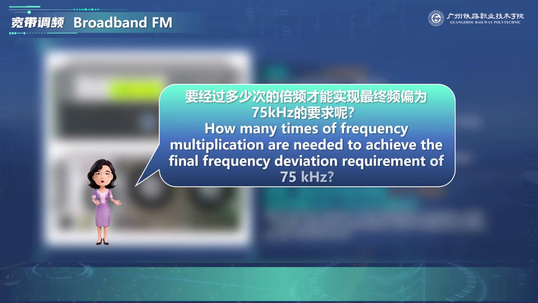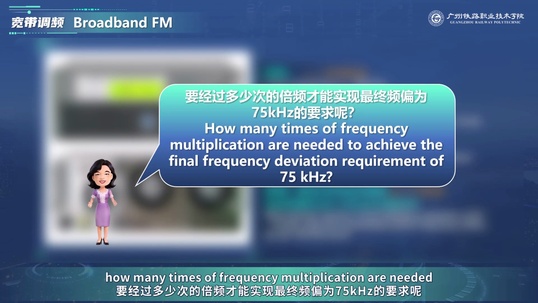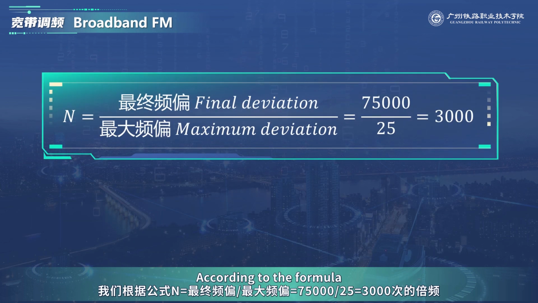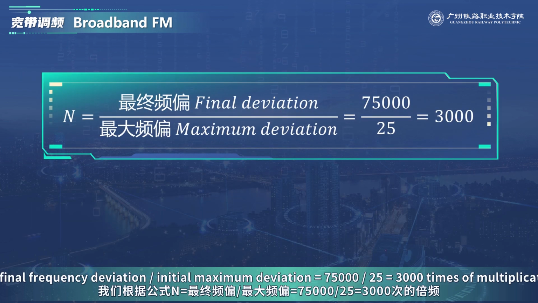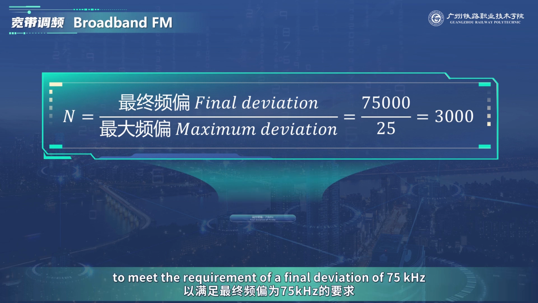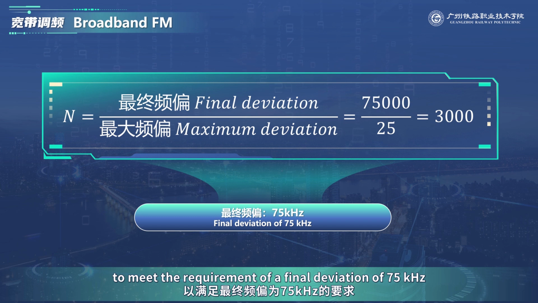In this example, how many times of frequency multiplication are needed to achieve the final frequency deviation requirement of 75 kHz? According to the formula, N equals final frequency deviation divided by initial maximum deviation, which is 75,000 divided by 25, equals 3,000 times of multiplication to meet the requirement of a final deviation of 75 kHz.